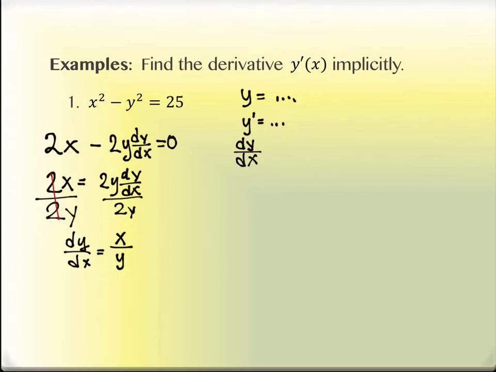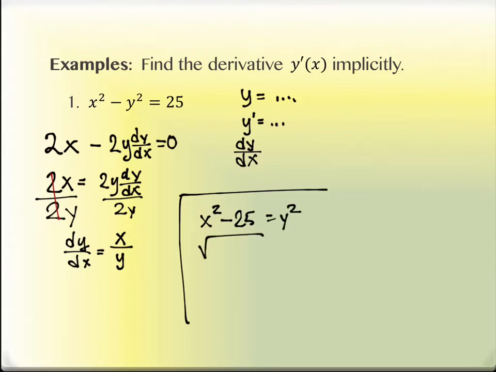Now, I'm not going to belabor the point too much, but I want to show you what this looks like if we solve it explicitly. Because if you try to do that, number one, it's going to be more complicated. But number two, it's not going to actually look like this at the end, and it's okay that it doesn't. If I were to solve the original equation for y, I would have this, and I'd have a square root.